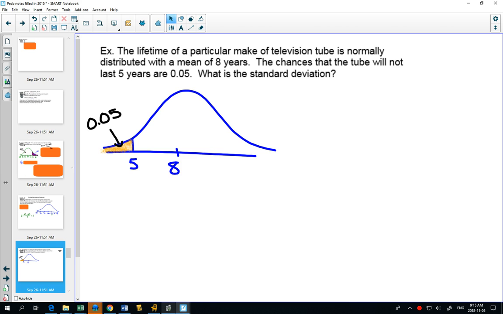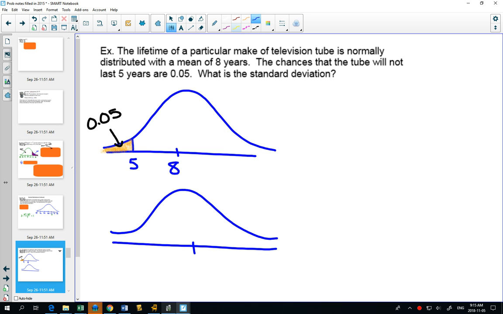So we run into a question where we have a percentage, so that makes us think about using inverse norm, but we already have the score for that percentage, which is 5. And the problem is we don't know the standard deviation, so any of our formulas that we plug in will give us no answers. So what we do is we could redraw this same thing as a standard normal distribution with z-scores.